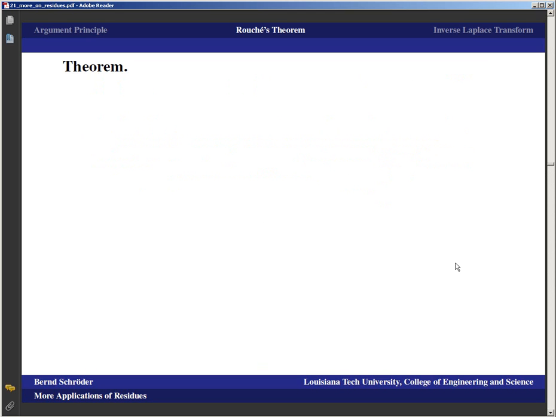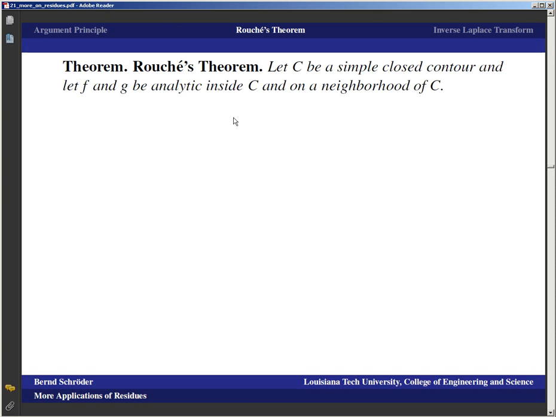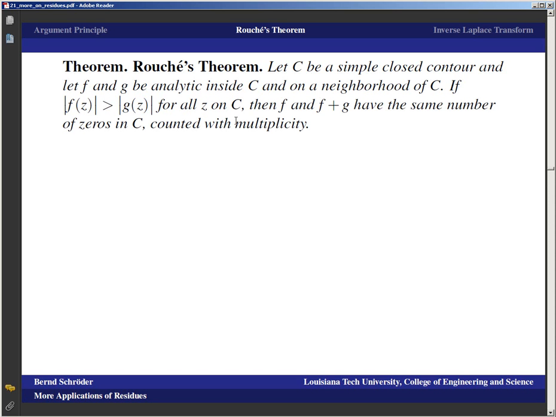Let's take a look at what is called Rouché's theorem. Rouché's theorem says that if you have a simple closed contour C, and f and g are both analytic functions inside C and also on a neighborhood of C, and if the absolute value of f is strictly greater than the absolute value of g for every point on the contour, then f and f plus g have the same number of zeros in C, counted with multiplicity.